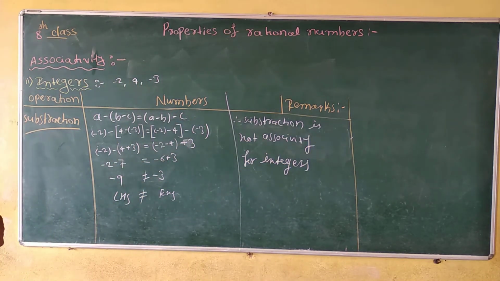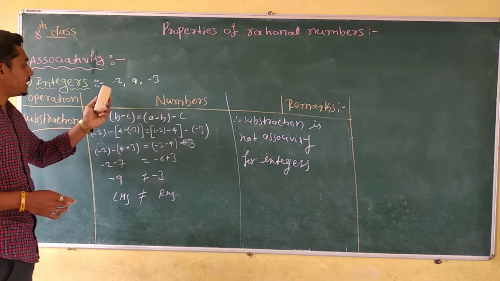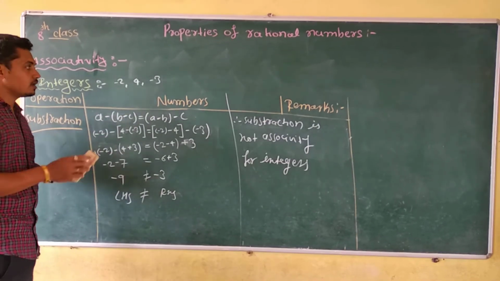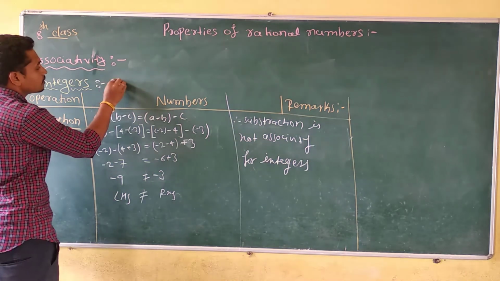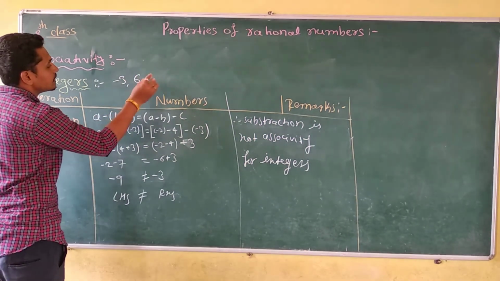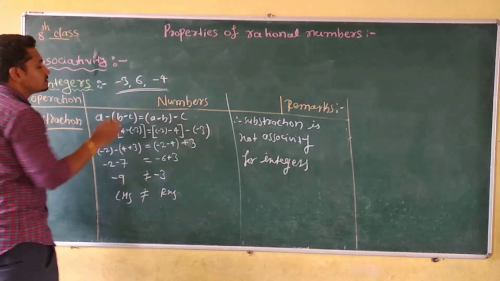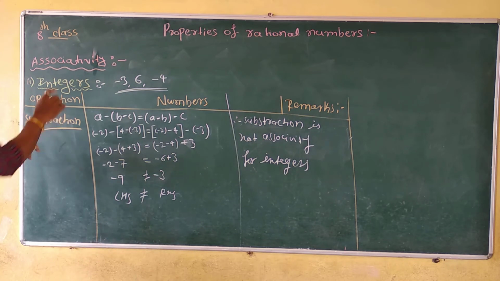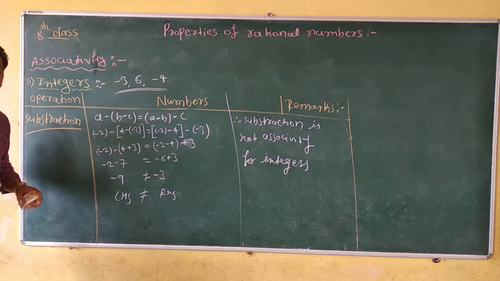You can check this associative property by taking different integers. Take 3, -3, 6 and -4, these three integers, and check the associative property in subtraction. This is your homework.